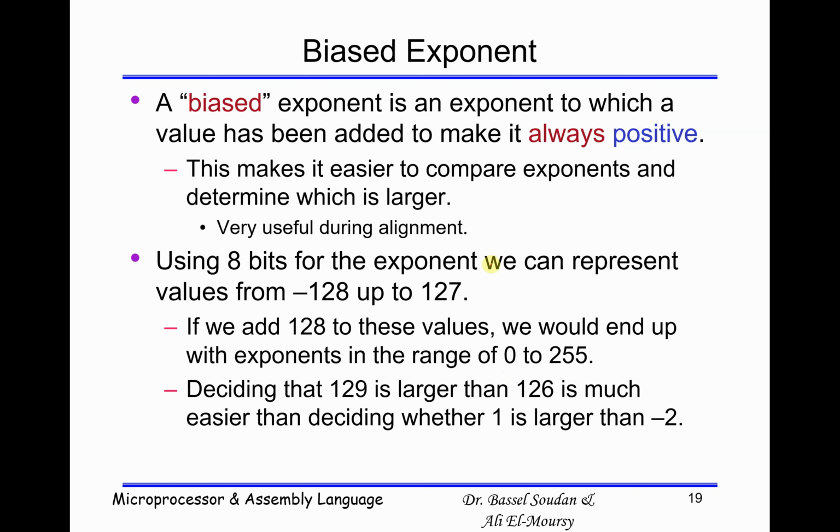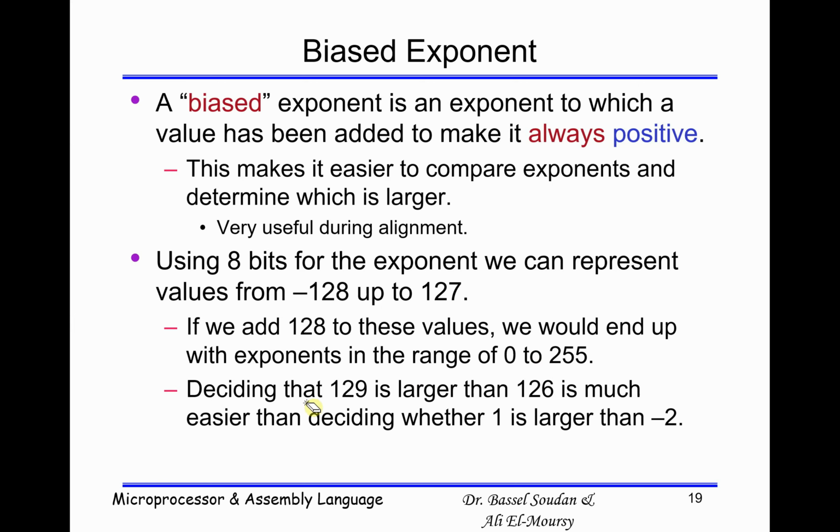So it is easier to compare the exponents if they are positive. However, the exponent should be signed. That's why we take the signed number and bias it by adding a constant to it to make it all in the range of positive numbers.